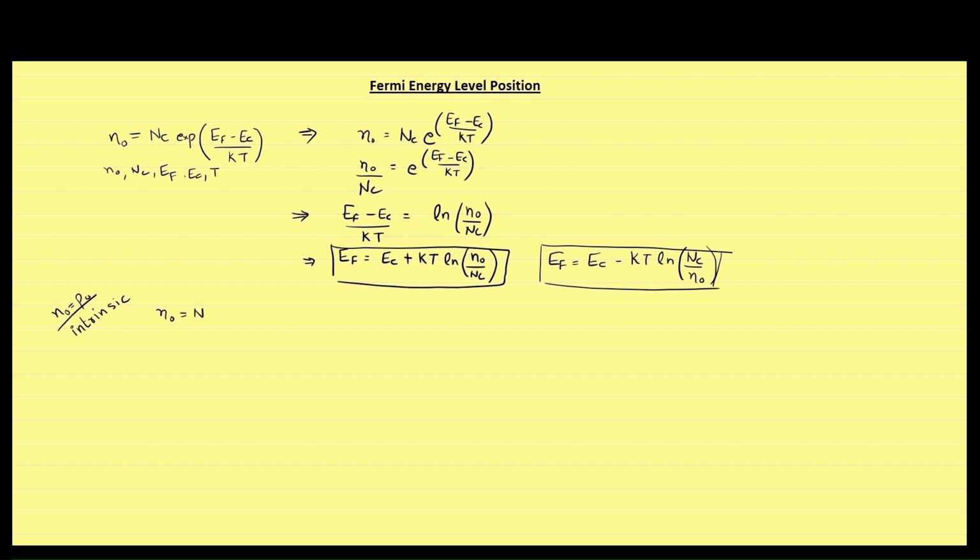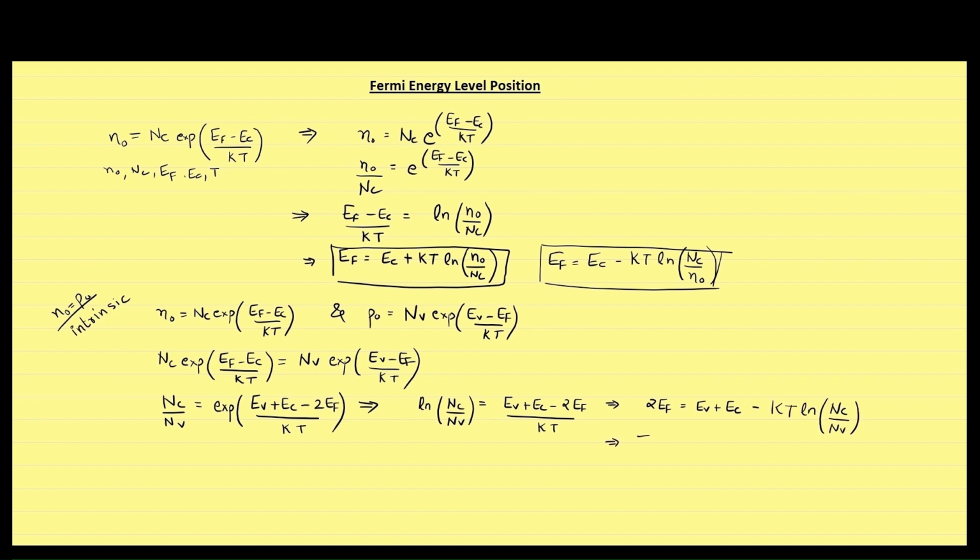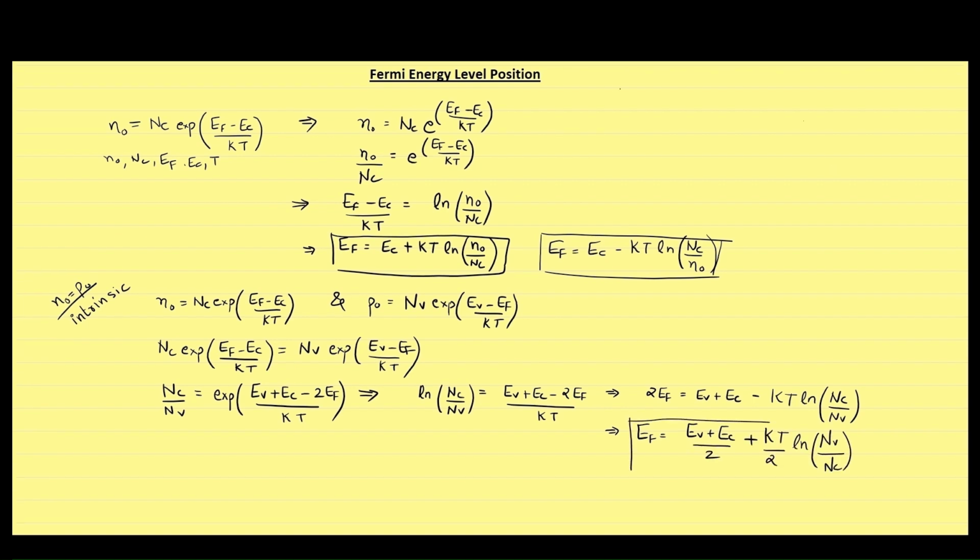We have free electron concentration N naught equal to... Similarly, we have hole concentration P naught equal to... Now we simply equate the hole concentration with free electron concentration. This is the final expression.